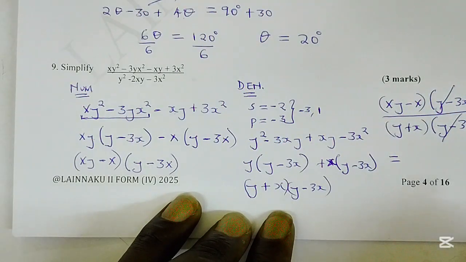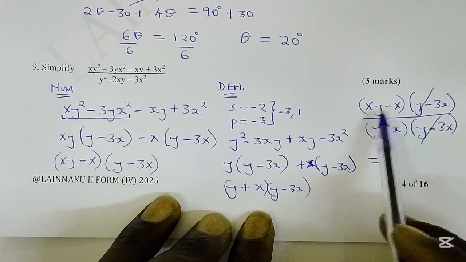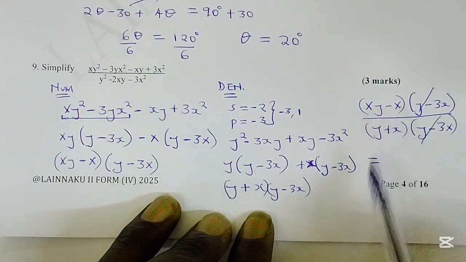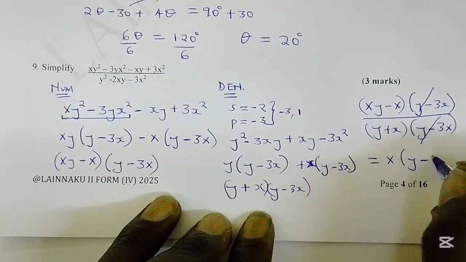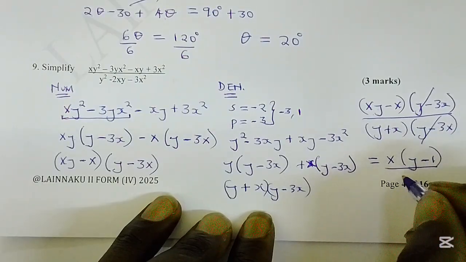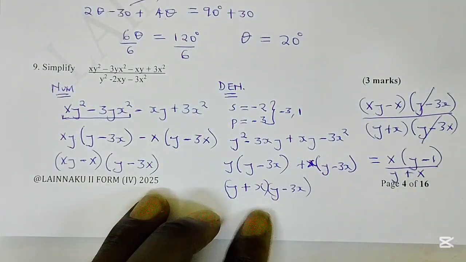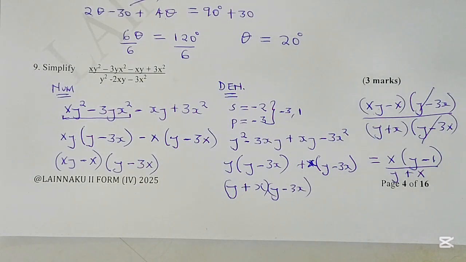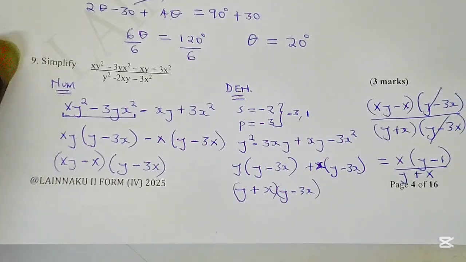You end up with xy, but what is common between xy and x? It is x. So you end up with x inside the bracket, y minus 1. Then the denominator, it is y plus x. And that is the answer of simplifying this particular expression that you have here.